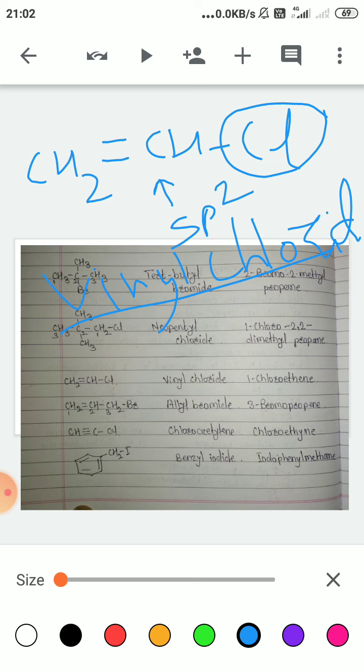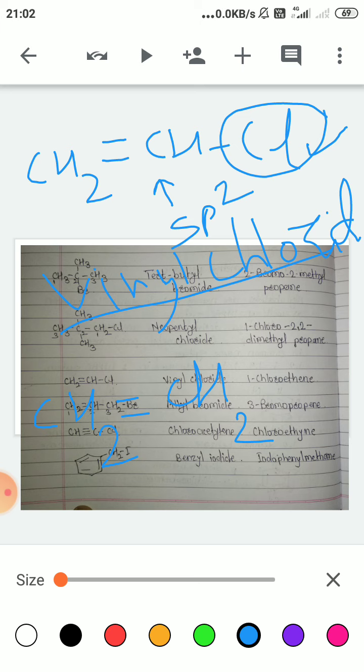Okay, now for the IUPAC name. Just remember ethene, CH2 double bond CH2. One hydrogen atom of ethene is replaced by one chlorine atom.